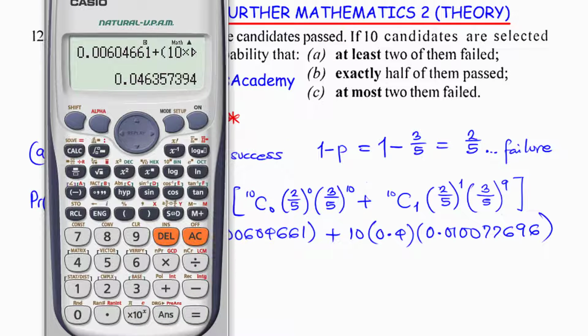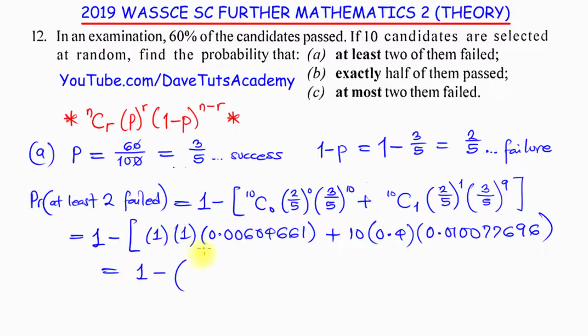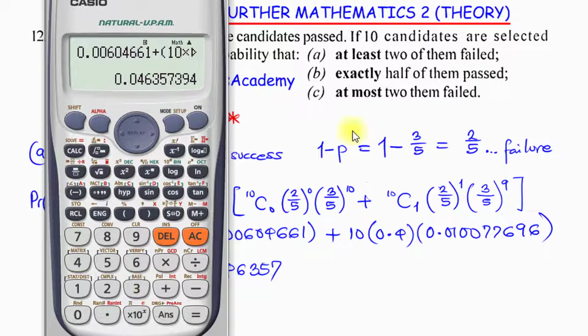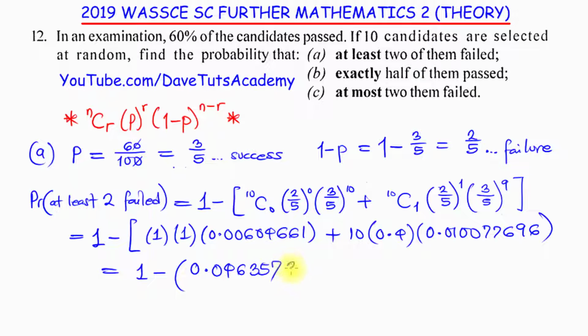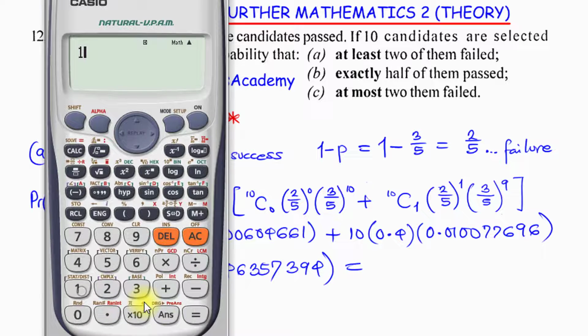So this is 0.046357394. This is what we need to subtract from 1 to get our final answer, and I can say 1 minus just this previous answer.